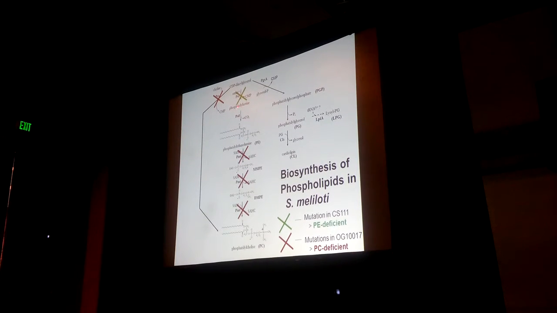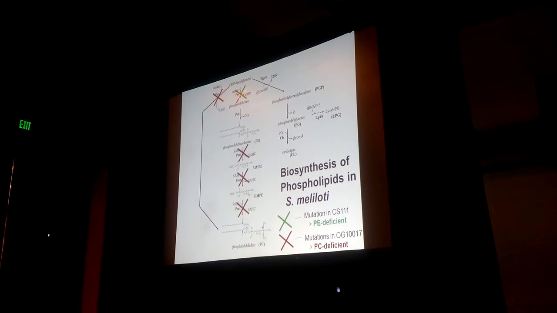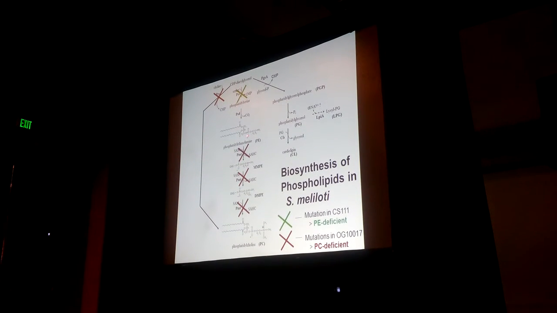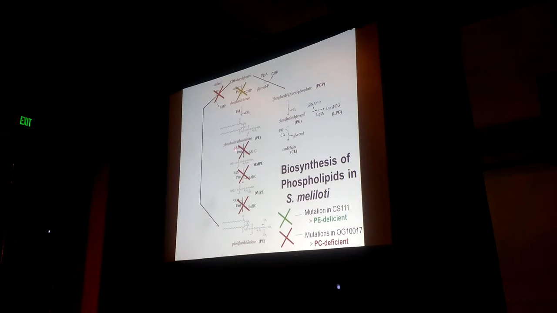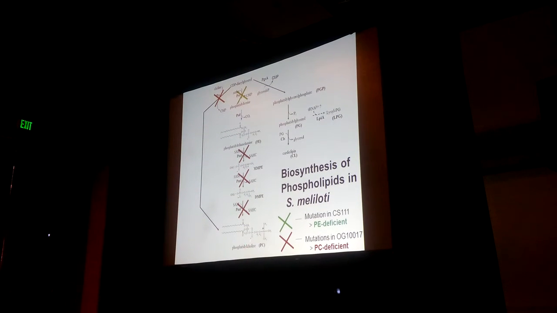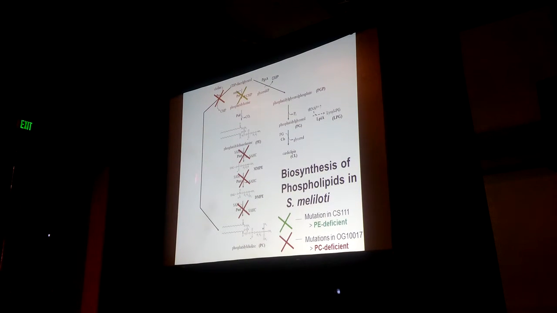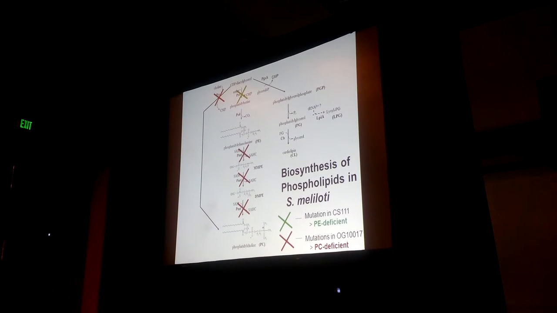One mutant is deficient in phosphatidylserine synthase, and you can see now you cannot make phosphatidylethanolamine anymore, and you cannot make phosphatidylcholine via the phospholipid methyltransferase pathway. However, you still can make it via the phosphatidylcholine synthase pathway.